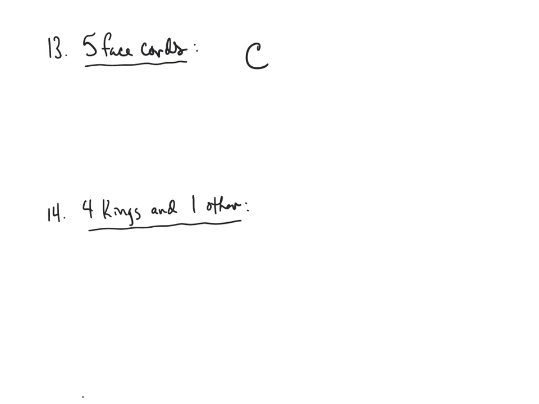The face cards, hopefully obvious, are the cards that have a picture of a little person, either a king, queen, or jack on them. So there's actually a total of 12. And from the 12, what the problem's asking me to do is pick 5. So it's asking me to pick 5 face cards from a total of 12 in a deck.